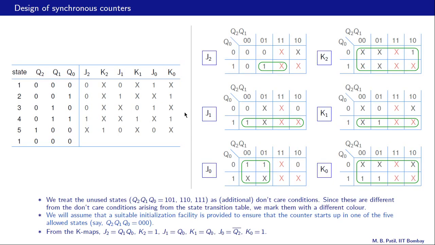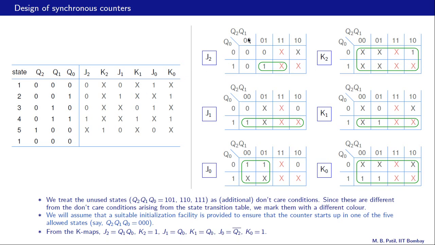Here are the K-maps for J2, K2, J1, K1 and J0, K0 which are derived from this table that we saw in the last slide. And let us take one of these as an example and see how the K-map is constructed. Say we take J2. Now for state 1 we have Q2, Q1 equal to 0, 0, Q0 equal to 0.